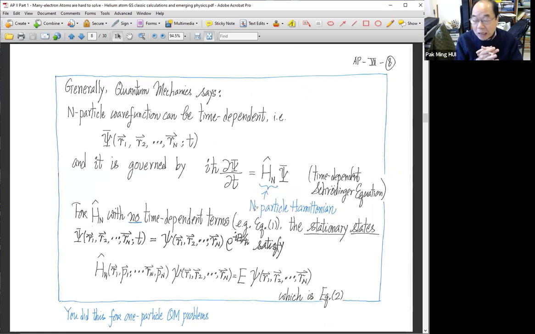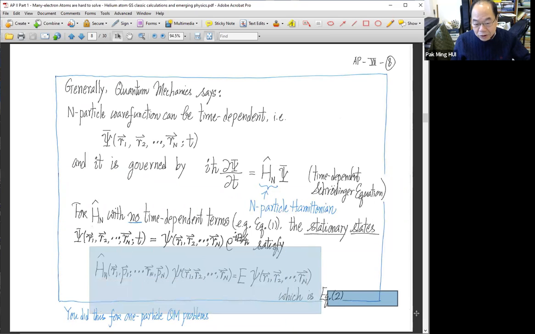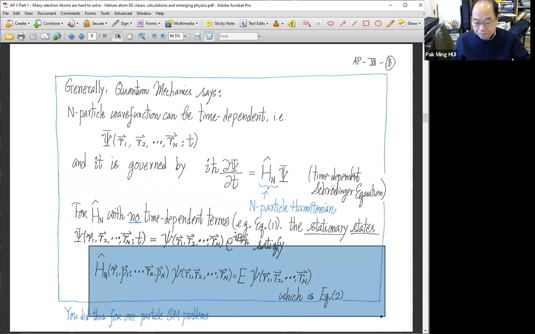And this is the general many electron time-dependent Schrödinger equation. And when you do this standard stationary state procedure, then you get our Schrödinger equation, which is the time-independent Schrödinger equation.